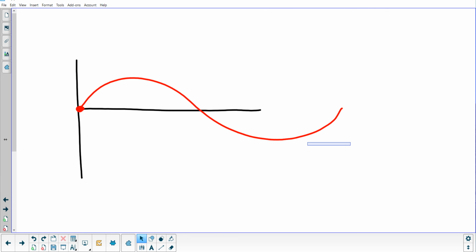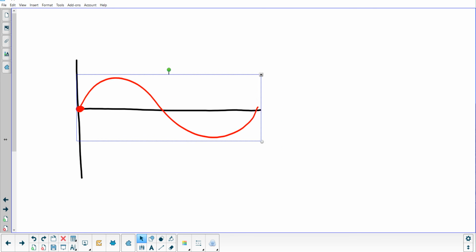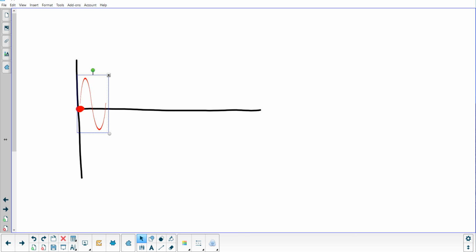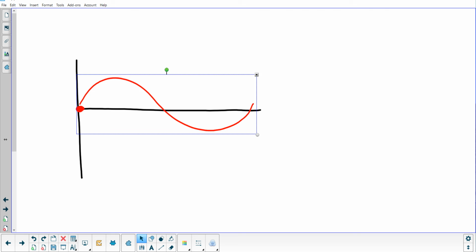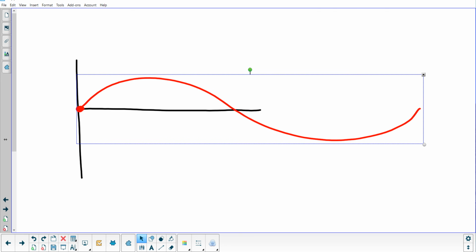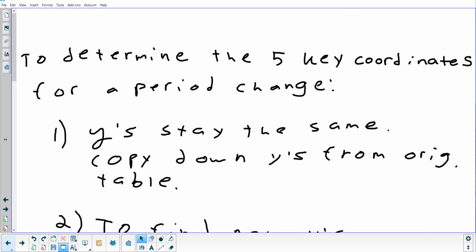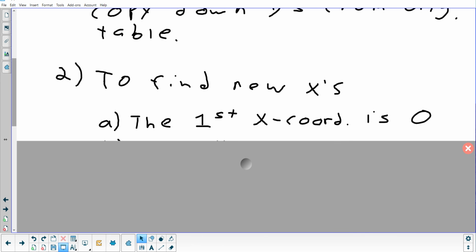Because think about if you take 0 and you compress it. Well, if you compress 0, 0 is always 0. If you take 0 and stretch it by multiplying 0 by a number, it's still 0. So stretching and compressing the first x value doesn't change it at all. So the first x coordinate is always 0.